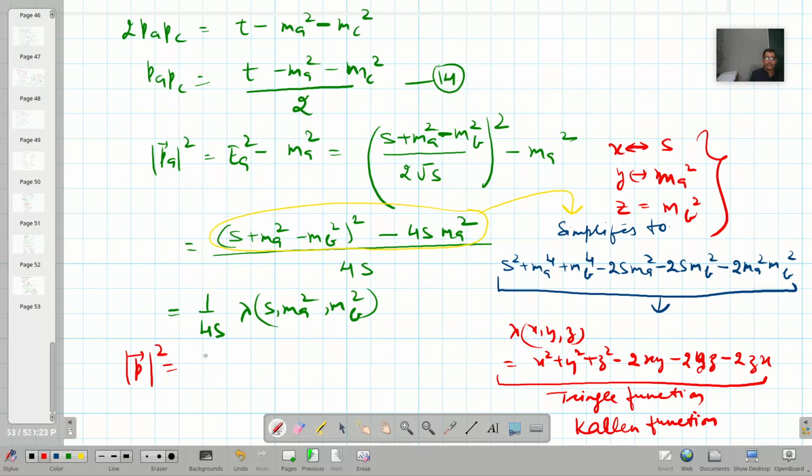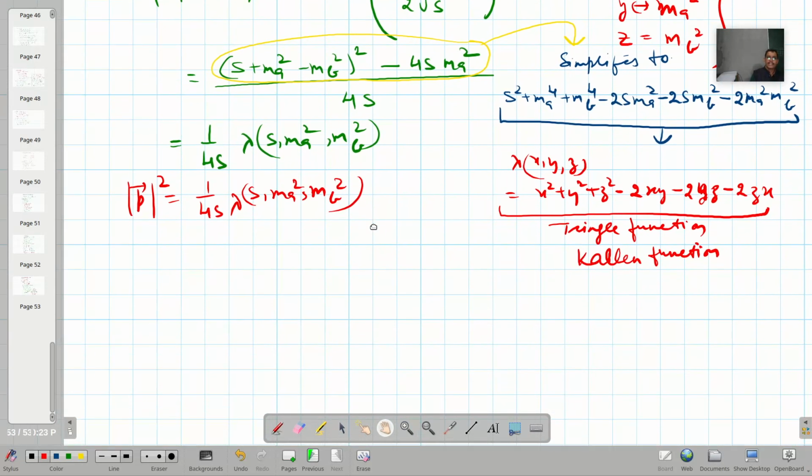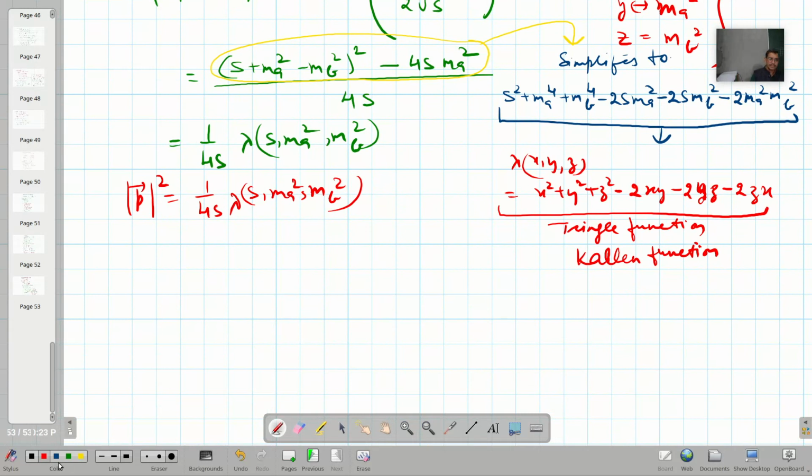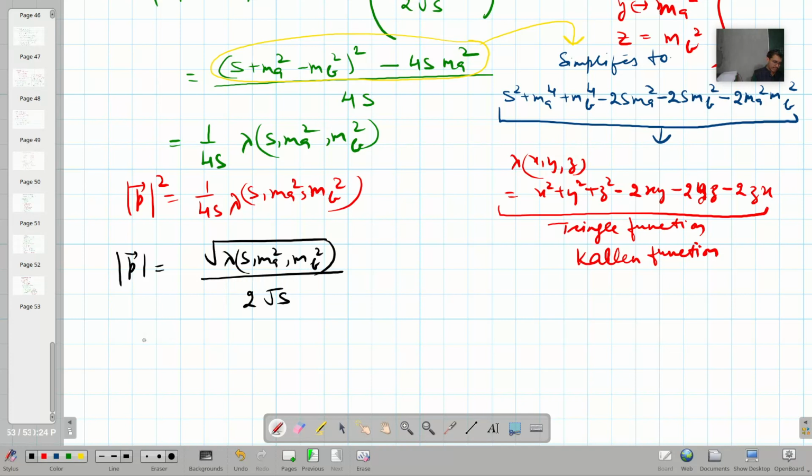Yeah, p square is equal to 1 by 4s, lambda (s, ma square, mb square). So I can write down here p is equal to square root of lambda (s, ma square, mb square) and whole divided by 2 root s.